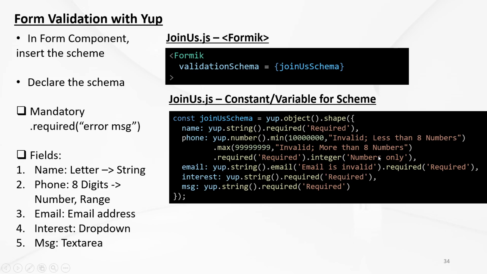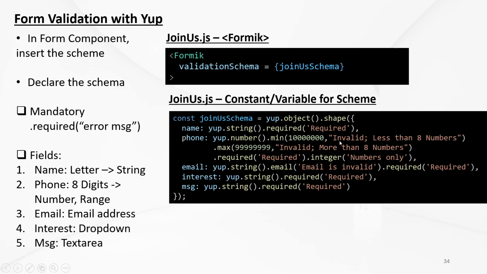Also do note that, just to share, in Singapore the phone number consists of 8 numbers in length. That is why here you can see that I set a minimum and maximum number for it. If it's more than 8 numbers, it will display invalid, more than 8 numbers.